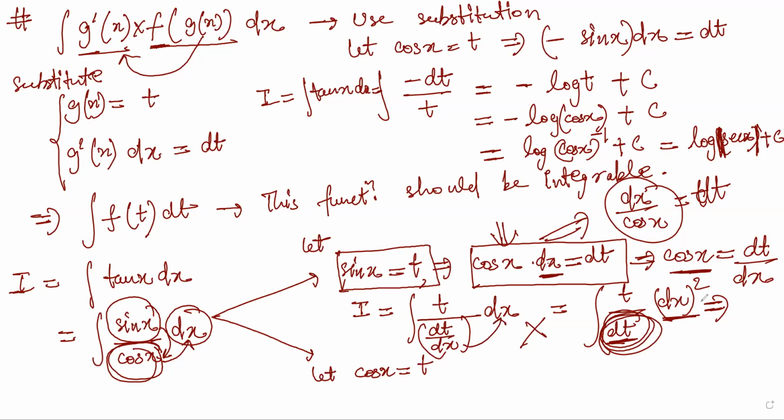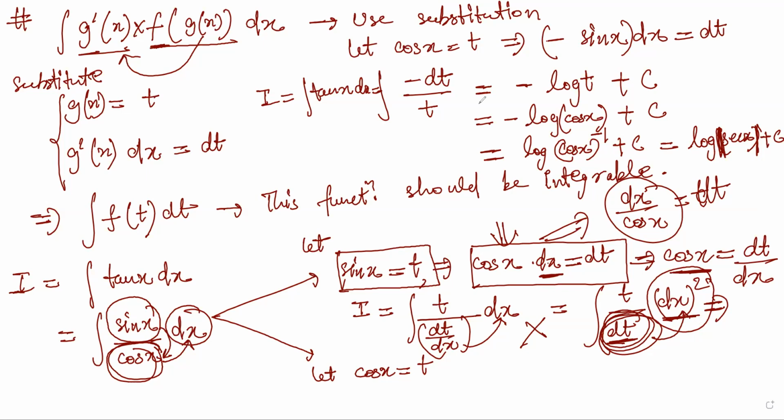But I am not able to remove this dx. Until there are two variables in an integration, you will not be able to solve that integration. So the purpose is to remove this dx, as well as to have this dt in the numerator. When I tried to solve this, I found out that this wasn't the correct substitution.